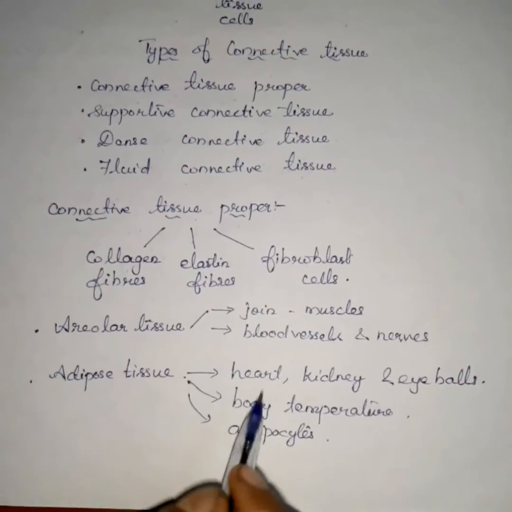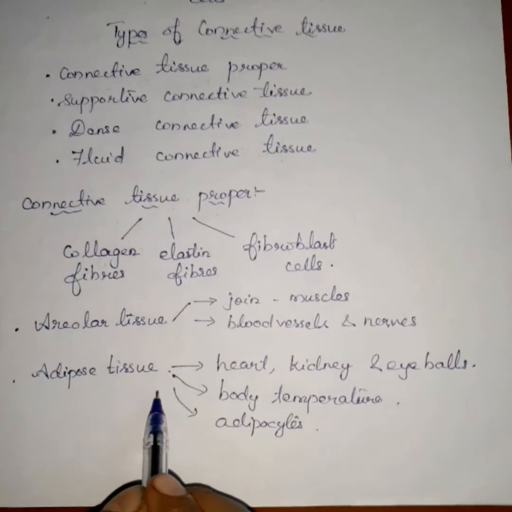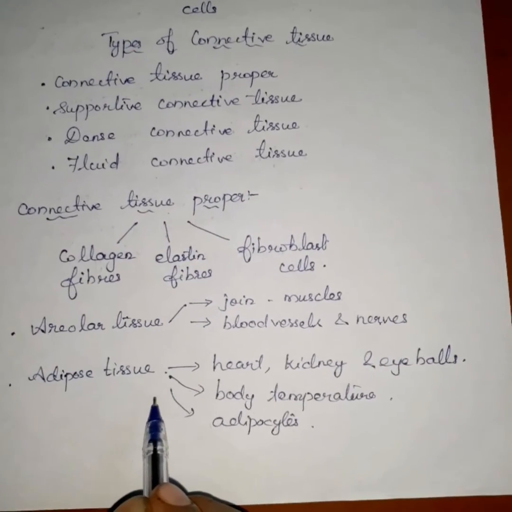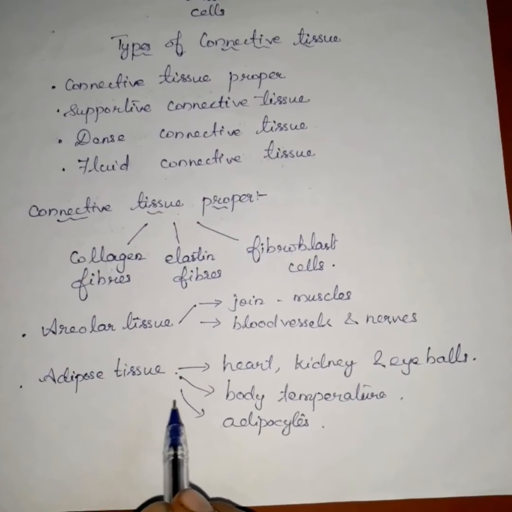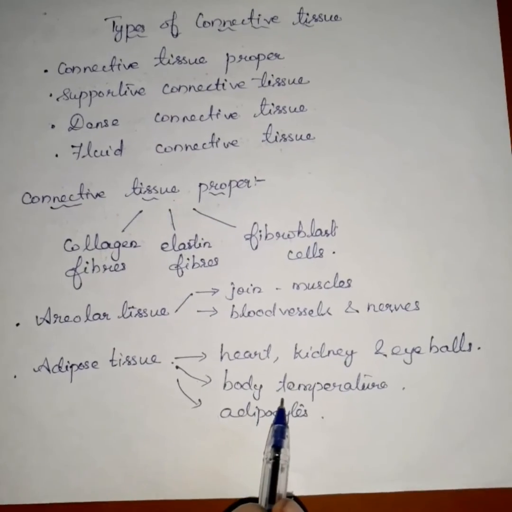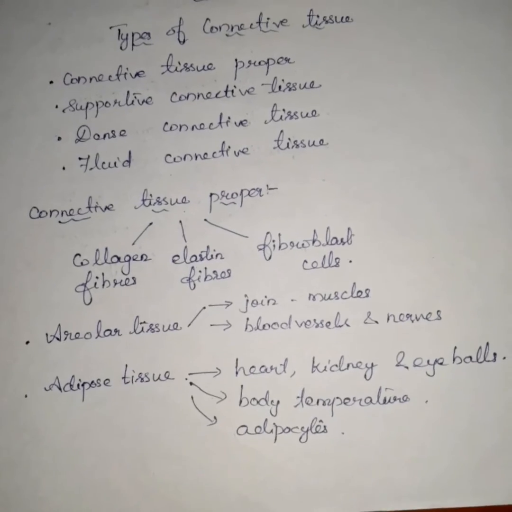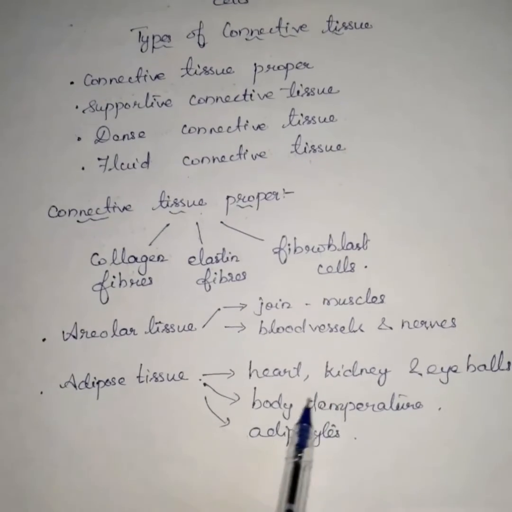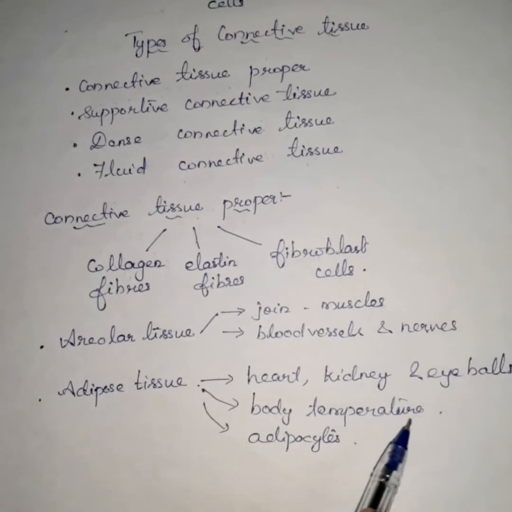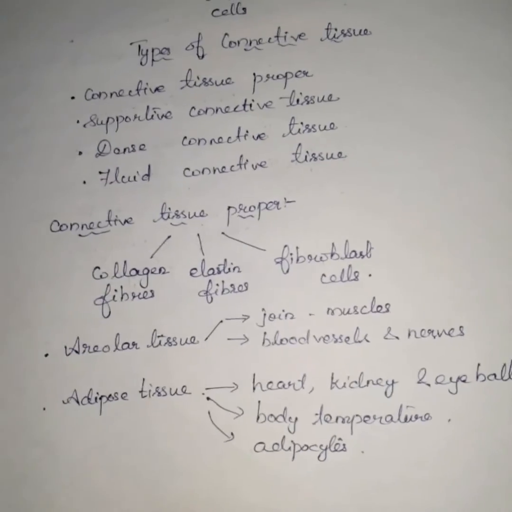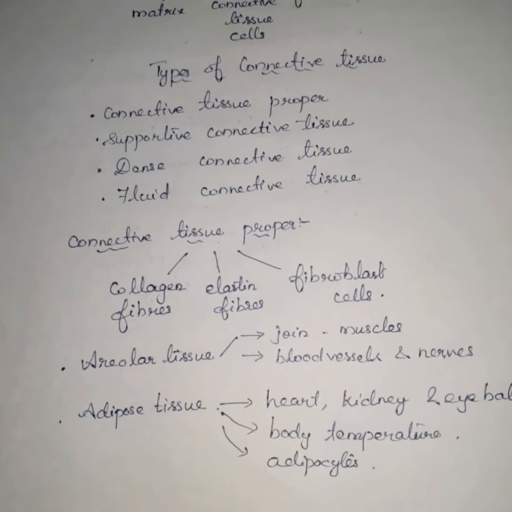They have cylindrical and oval shape and store fat. The adipose tissue is present between internal organs. It is also found around the heart and kidneys. Here the adipose tissue regulates the body temperature.